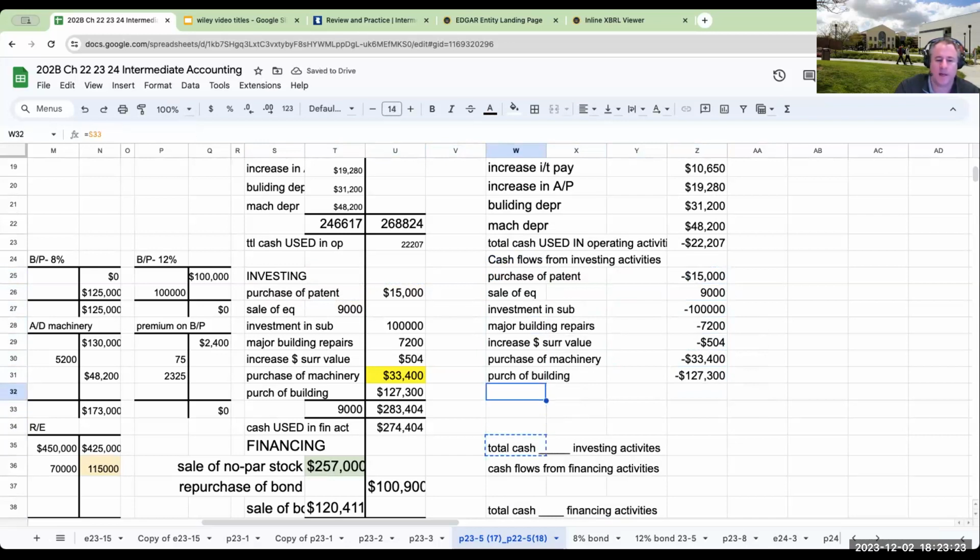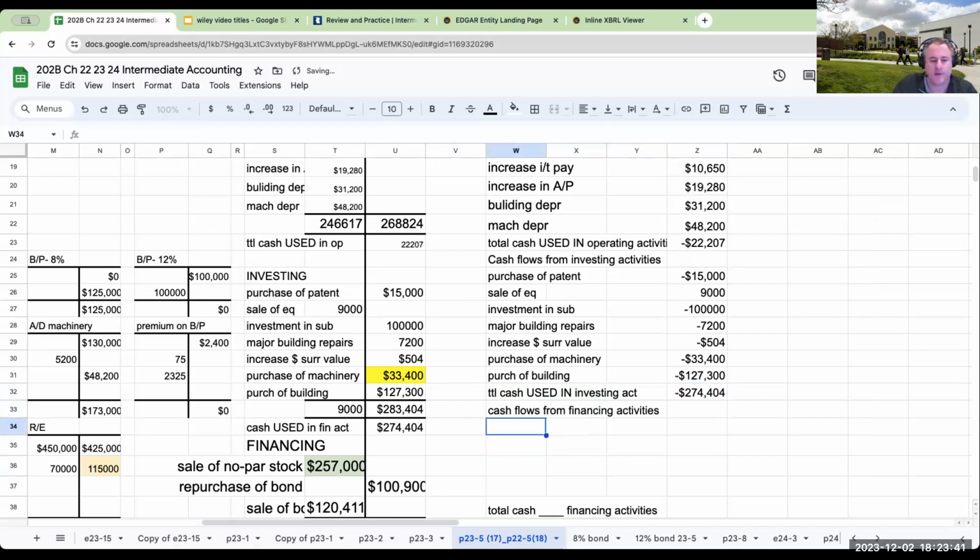And because the amount is a credit, this is going to be total cash used in investing activities, 274,404.